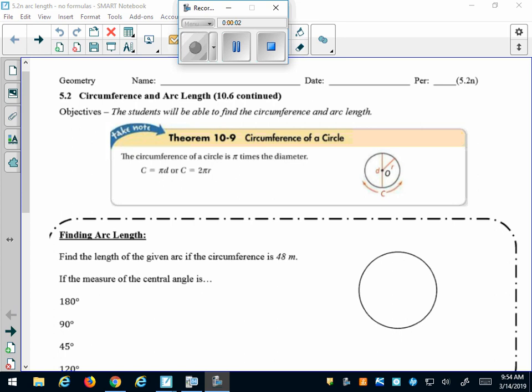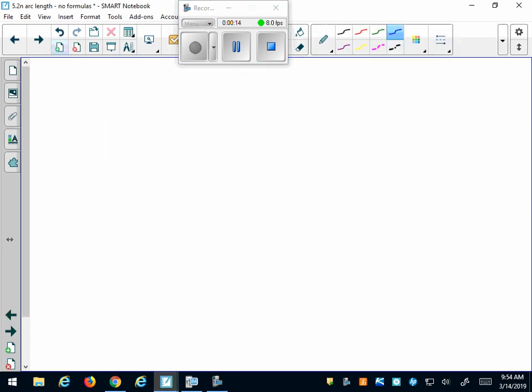In this lesson, we're going to be talking about finding the length of an arc. Okay, so think about, first of all, what an arc is. We know that a circle is, by definition, the collection of all points equidistant from a given center.